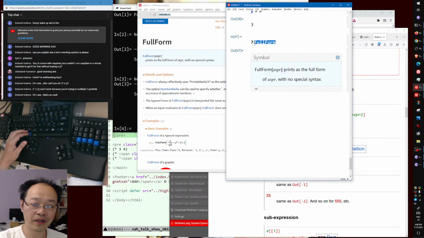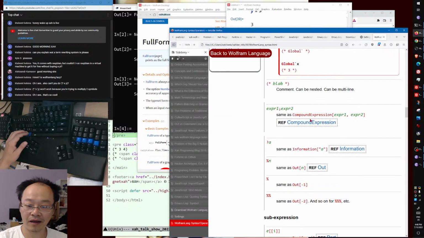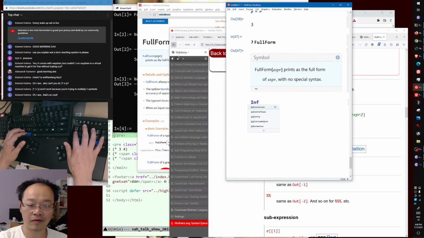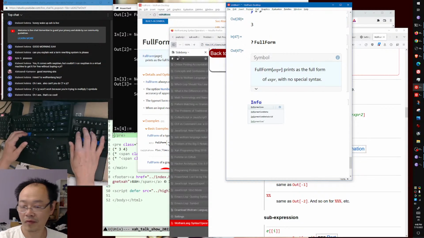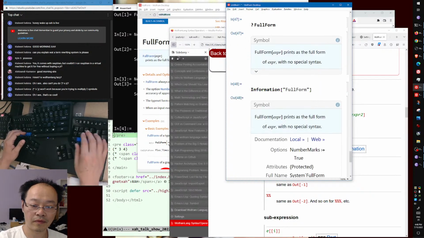However, you see that question mark something is not the format of F something. So actually there's a full form for that, and that is Information. So the proper way to do this is like this. Information, okay, so complete, then a string, FullForm.